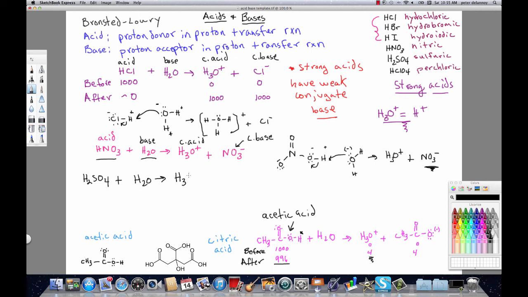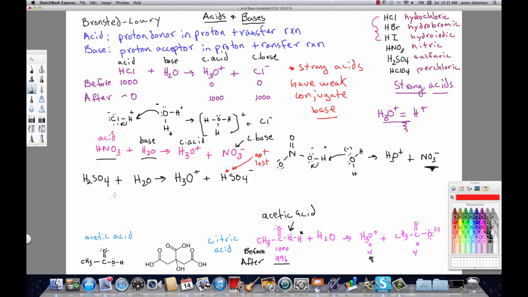So the second proton is actually not lost, and we end up producing this molecule, which is called hydrogen sulfate. And I'll put an asterisk by this proton. All right, this one, and I'll make a strong statement here. This proton is not lost. It is not lost when H2SO4 is dissolved in water.